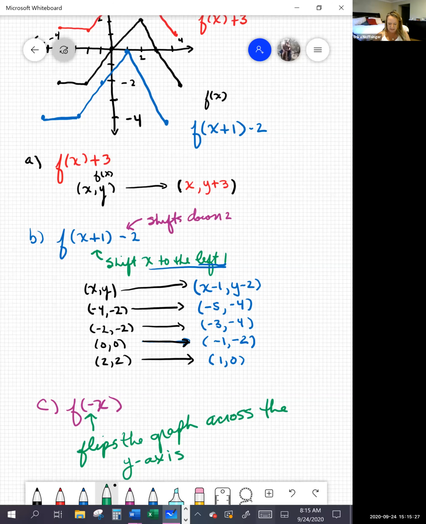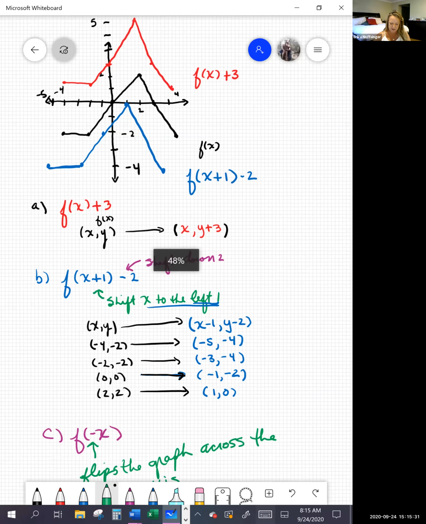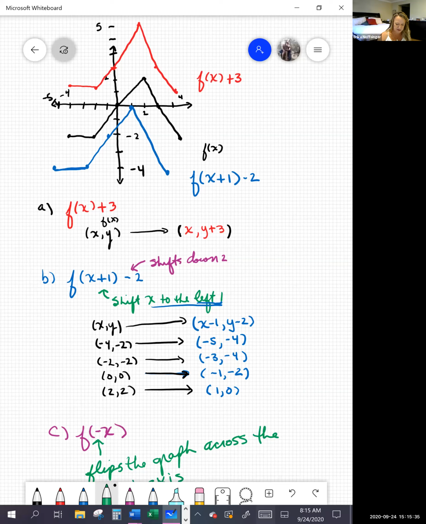So if I look at this black graph and I just start doing a reflection, I'm just going to change my x signs. So this point here, it was at -4, -2, is now at 4, -2. This point here that was at -2, -2 is now at 2, -2.